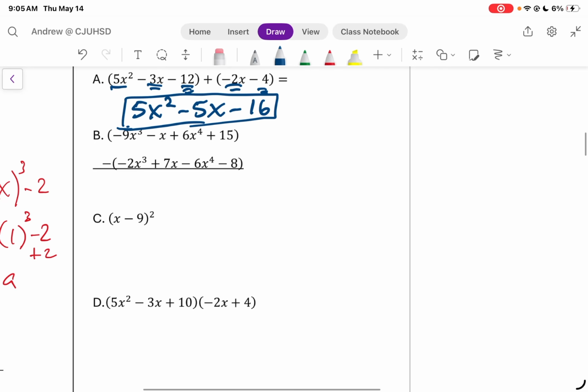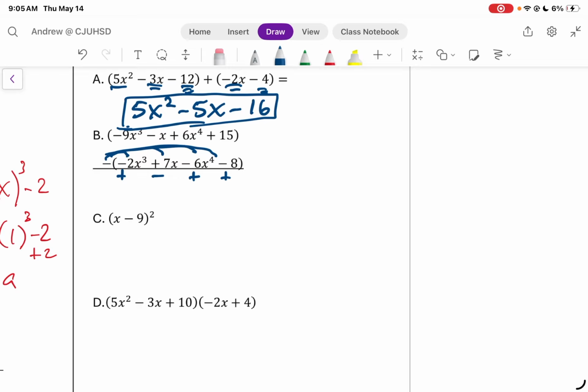With subtraction, you're going to have to distribute the negative over here. So if you want to keep track, this would be plus 2x cubed minus 7x plus 6x to the fourth and plus 8.